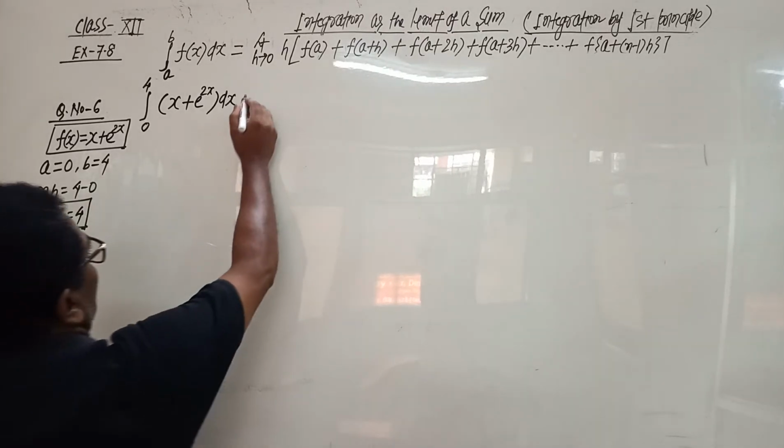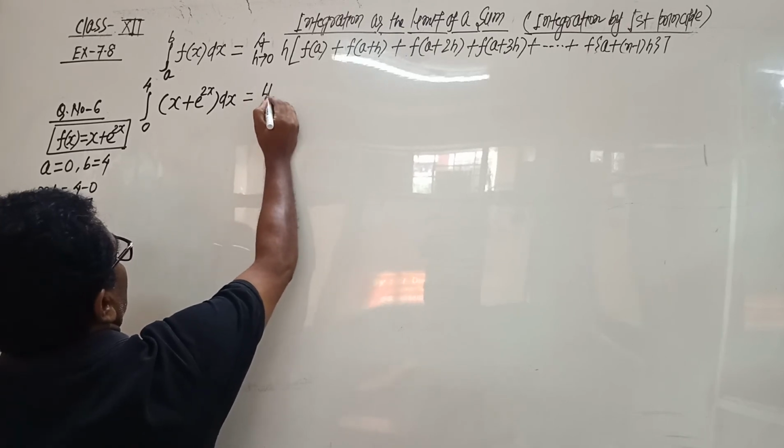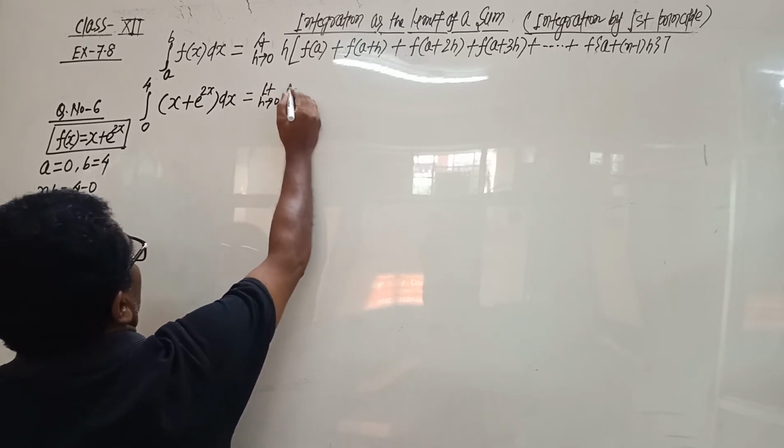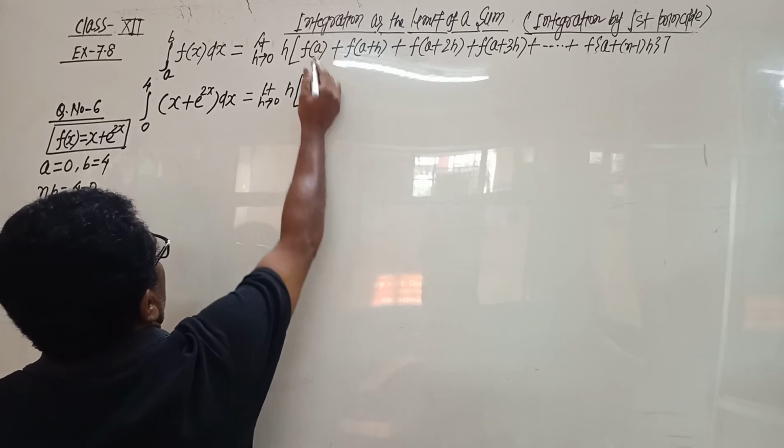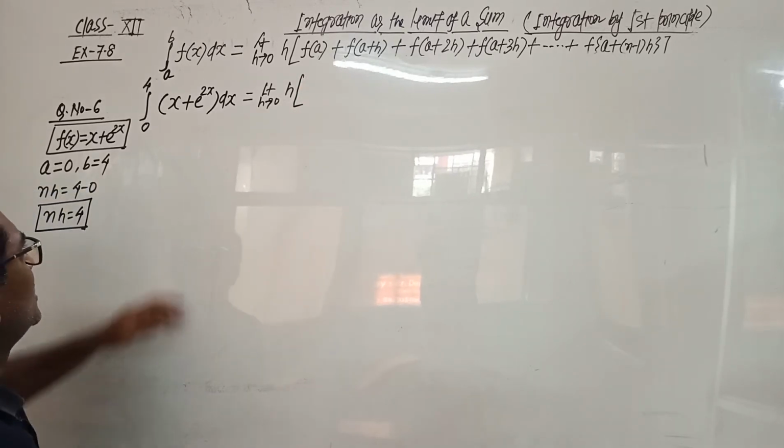Now in the formula, limit h tends to 0, h, at the place of a we will put 0.